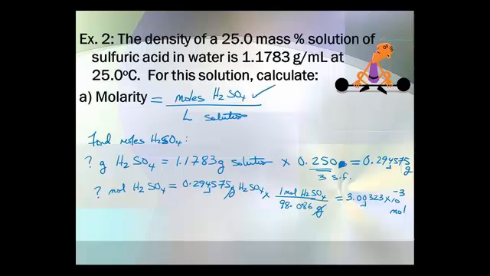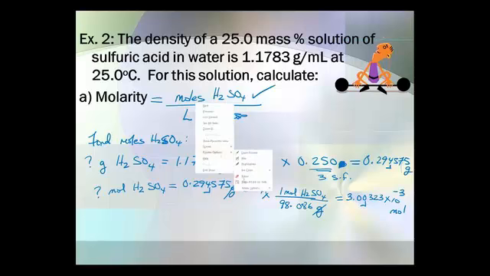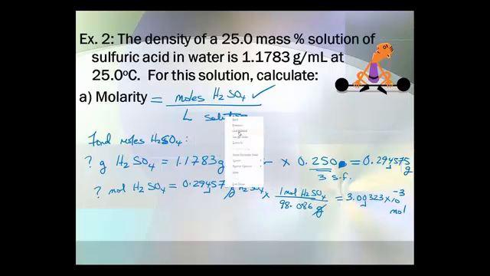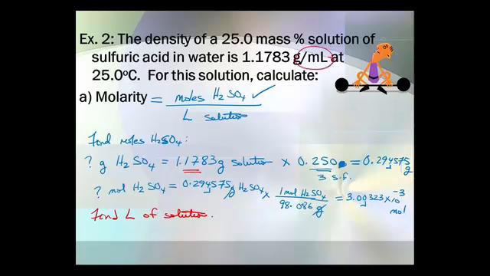So now we found the top term. We need now to find the bottom term, the liters of solution. Remember that this mass is associated with 1 milliliter.